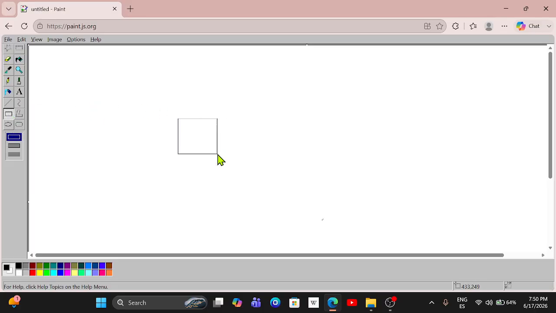So, square, square, and boom, okay, this is going to be our little Earth, aka environment. This could also count as our universe, too.